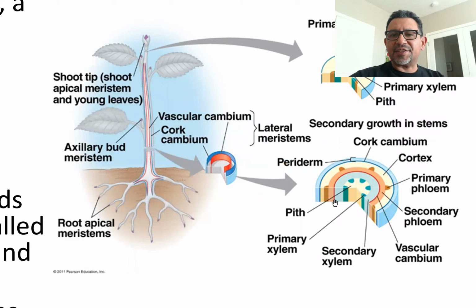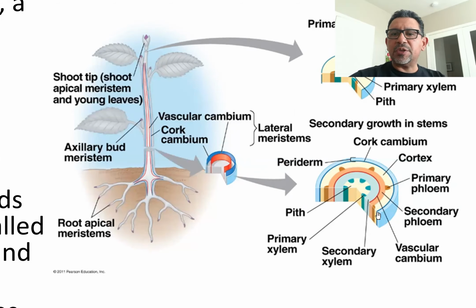It's actually more like a cylinder, and it's going to be only one layer of cells in terms of thickness. Towards the core of the plant, there's going to be new layers of xylem that are going to be added, and towards the periderm, there's going to be new layers of phloem. And as I said, those details, we're going to be exploring them in greater detail on a separate video.